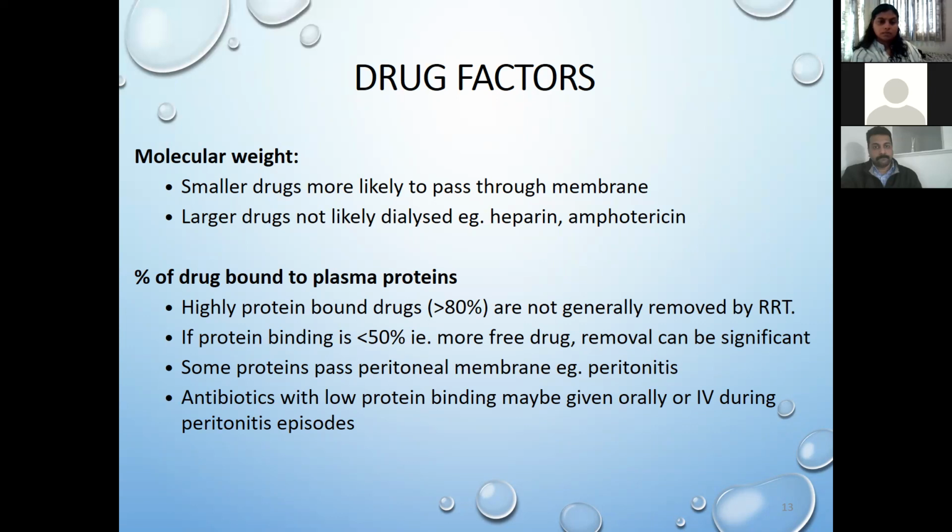The second factor is the percentage of drug which is bound to plasma proteins. Only the unbound drug, so not bound to albumin, will be available for removal by renal replacement therapy. So drugs with a lower protein binding, less than 50%, are more likely to be removed because there's more free drug, compared to highly protein bound drugs which are not generally removed.